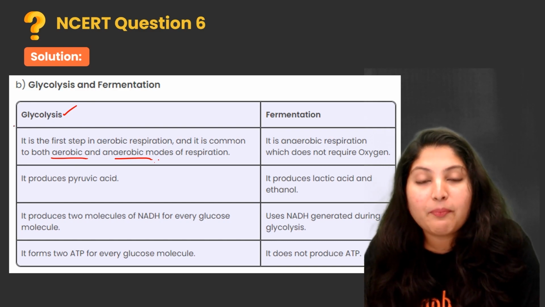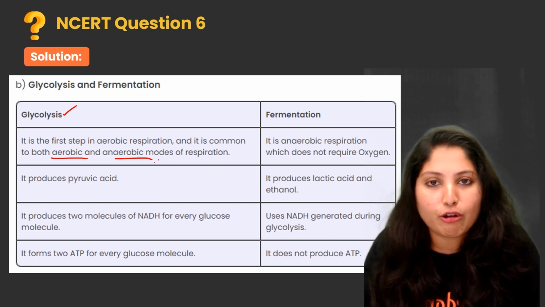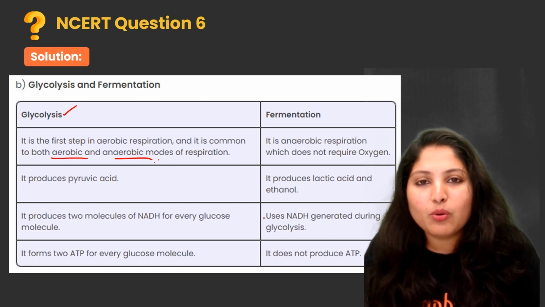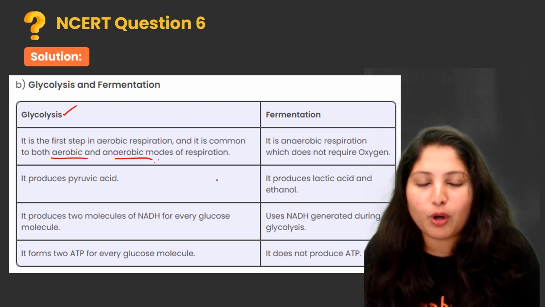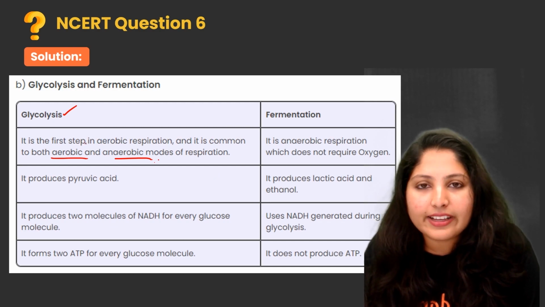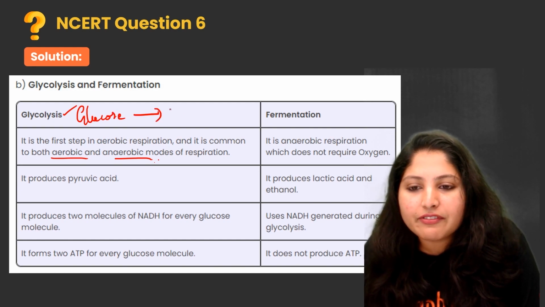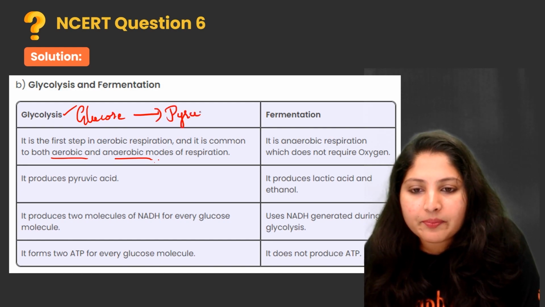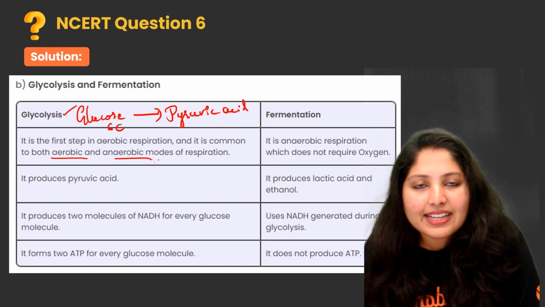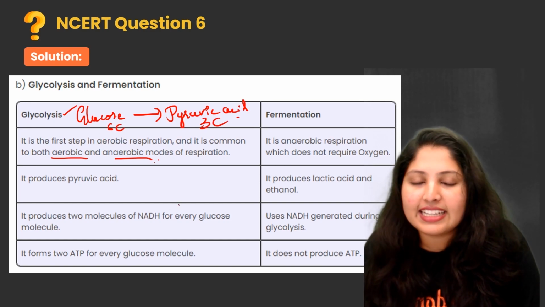Glycolysis means stepwise removal of carbon from the glucose molecule. So that is called glycolysis. Here the glucose is converting into pyruvic acid. Glucose is a 6-carbon molecule and pyruvic acid is a 3-carbon molecule.